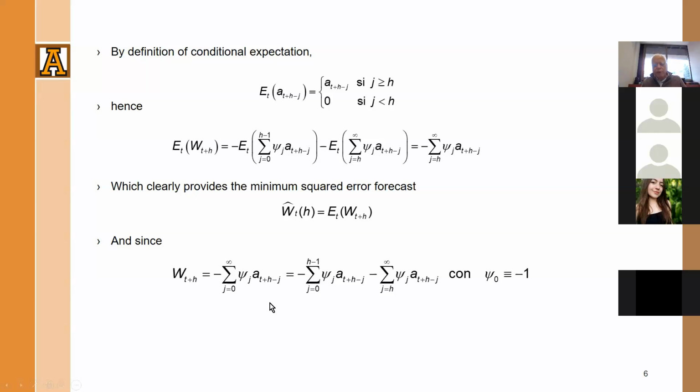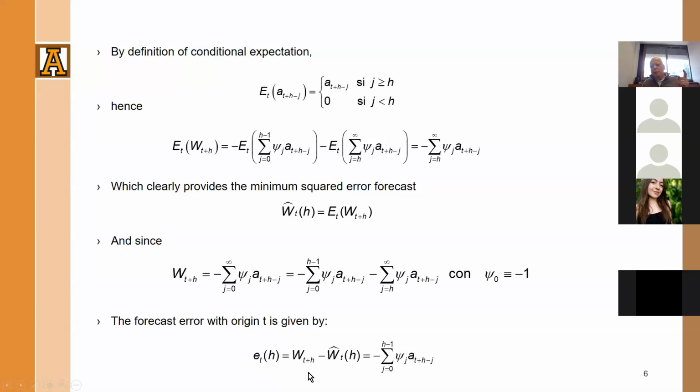Since W_{t+h}, we already saw, can be expressed as the sum of these two terms, with psi null equal to 1, the forecast error with origin t, h periods ahead, will be the difference between W_{t+h} and the optimal forecast, W hat sub t, h periods ahead. And that difference is just going to be the sum of psi_j a_{t+h-j}, from j equals 0 to h minus 1.